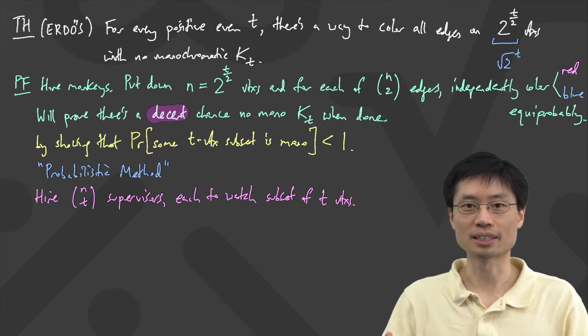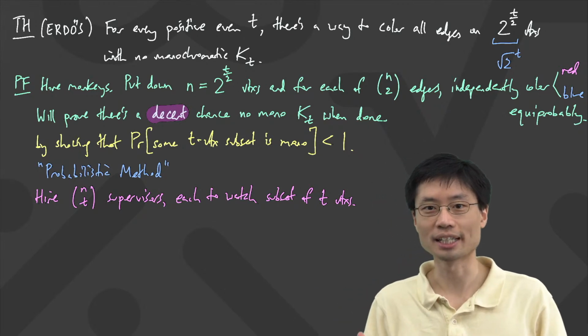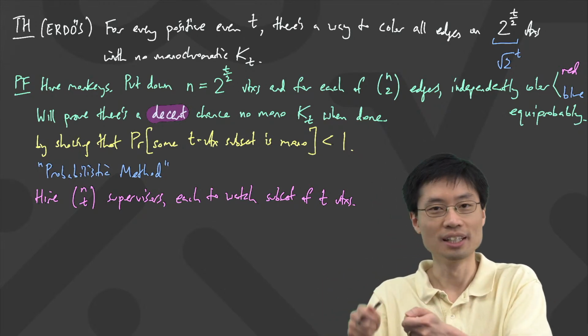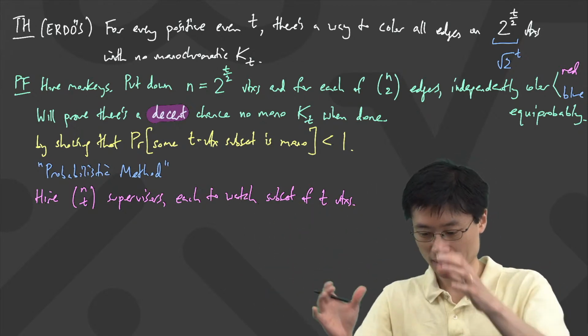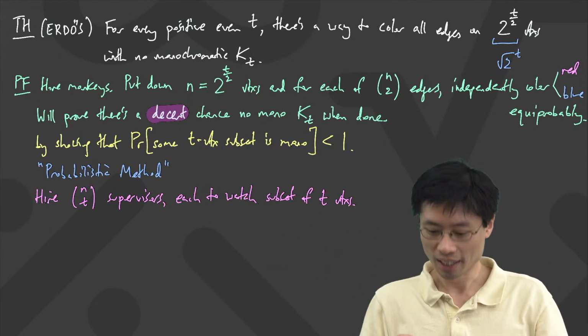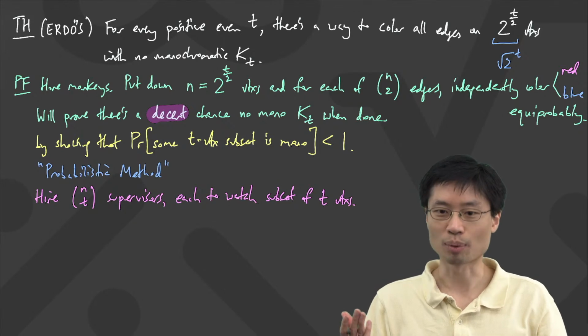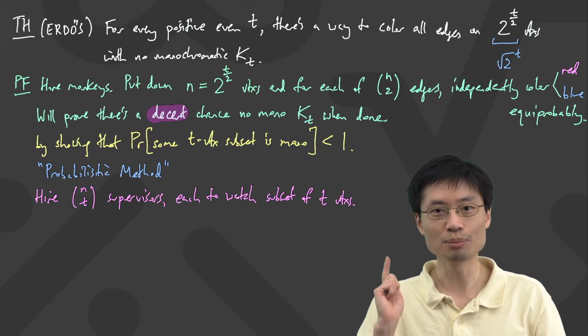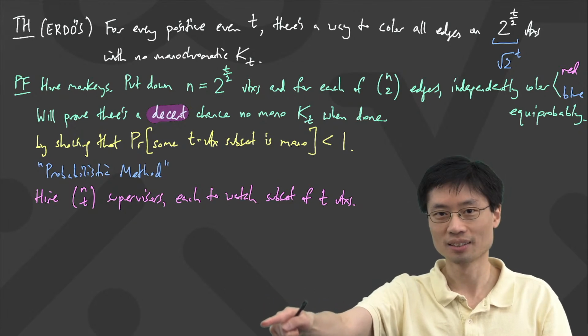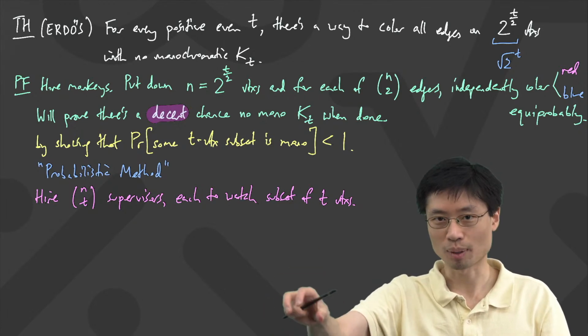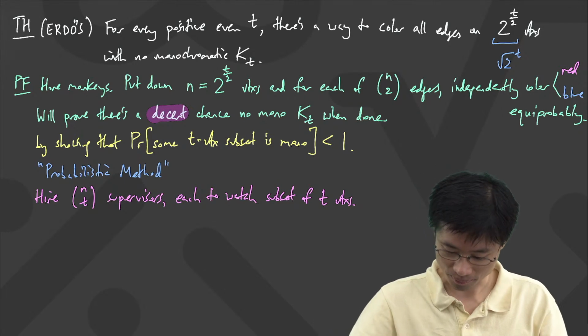So I have these monkeys randomly coloring, and I also have a whole bunch of supervisors. Each supervisor is responsible for a different set of t vertices. And I just need to show that the probability that some supervisor sees that the monkeys screwed up on their set is less than 1.